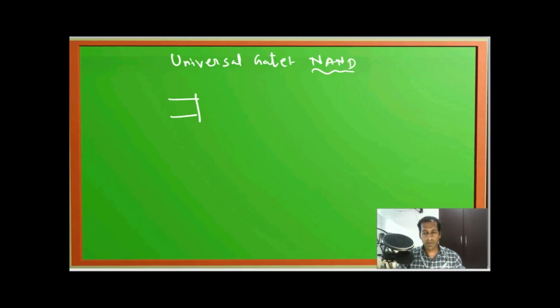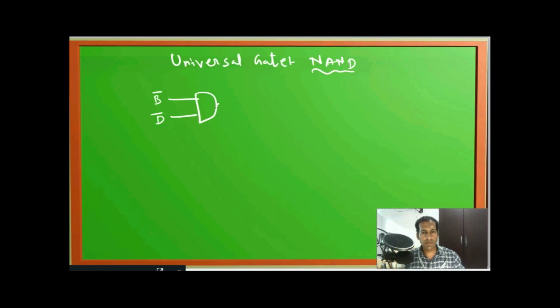So using universal gate, that is NAND, we are using in this case. So we will implement, say we have 3 functions, so we require 3 AND gates. So we have to use NAND gate. So first 2 inputs we will write down there. So we have B bar and D bar.